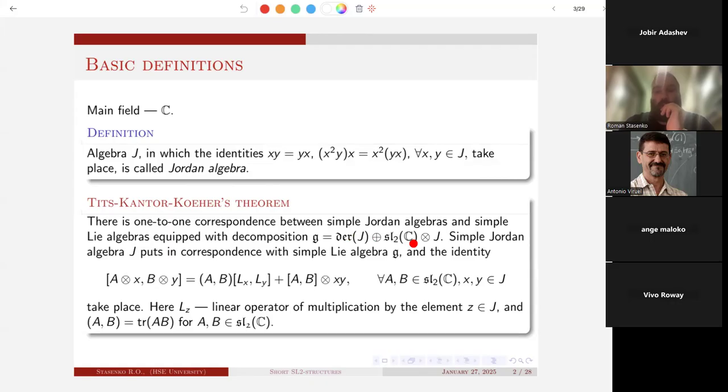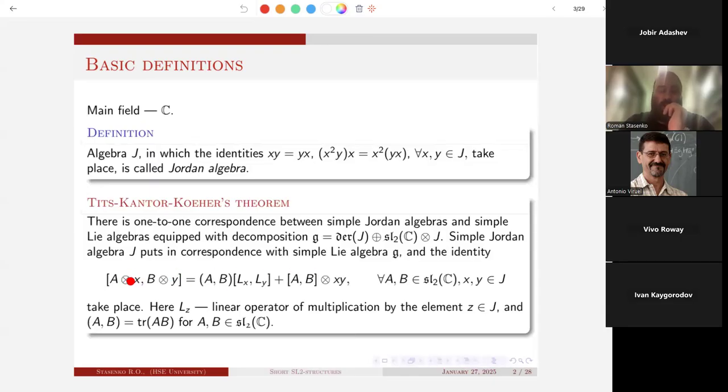the special question is what the bracket is when you take two elements of the second summand. The formula in the middle of this slide answers this question.